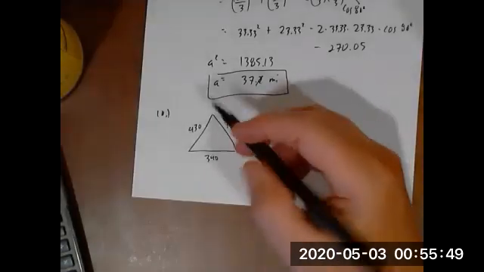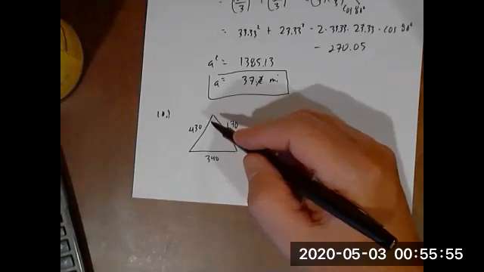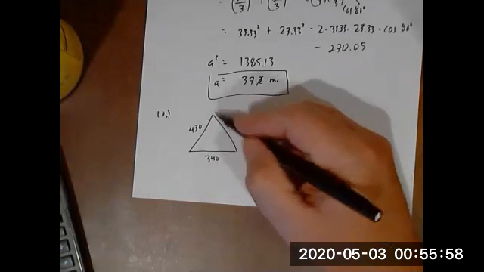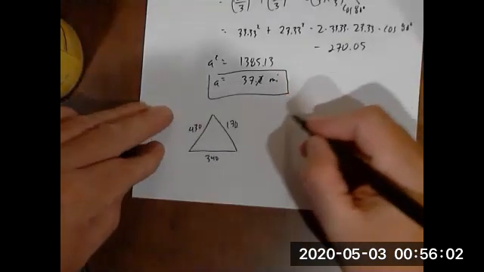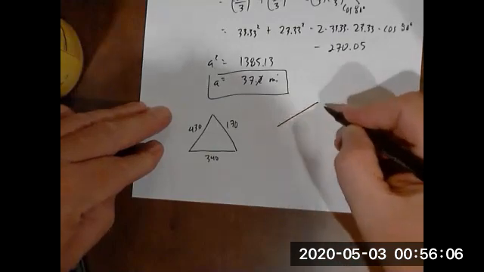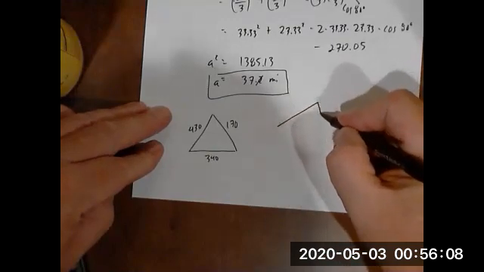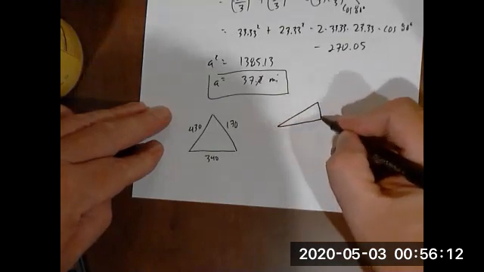Hopefully common sense says the smallest angle has to be the angle across from the shortest side, right? If I try to draw this to scale, 430 is going to be the longest one, 170 is the shortest, and 340 is the next longest.